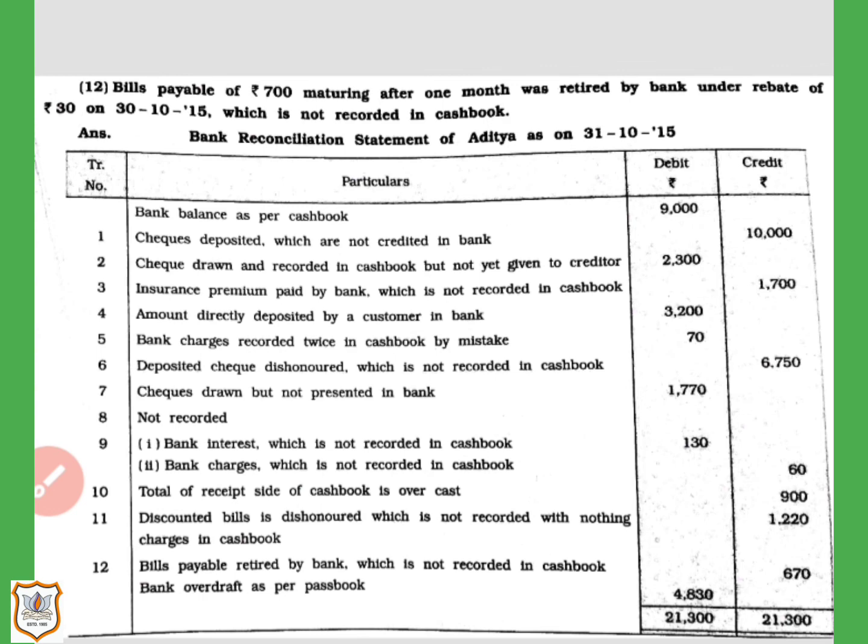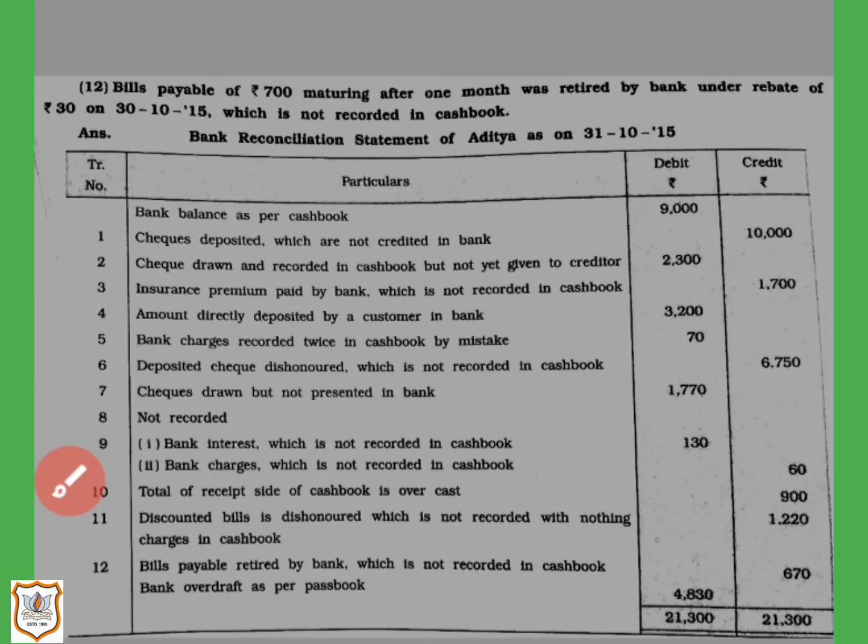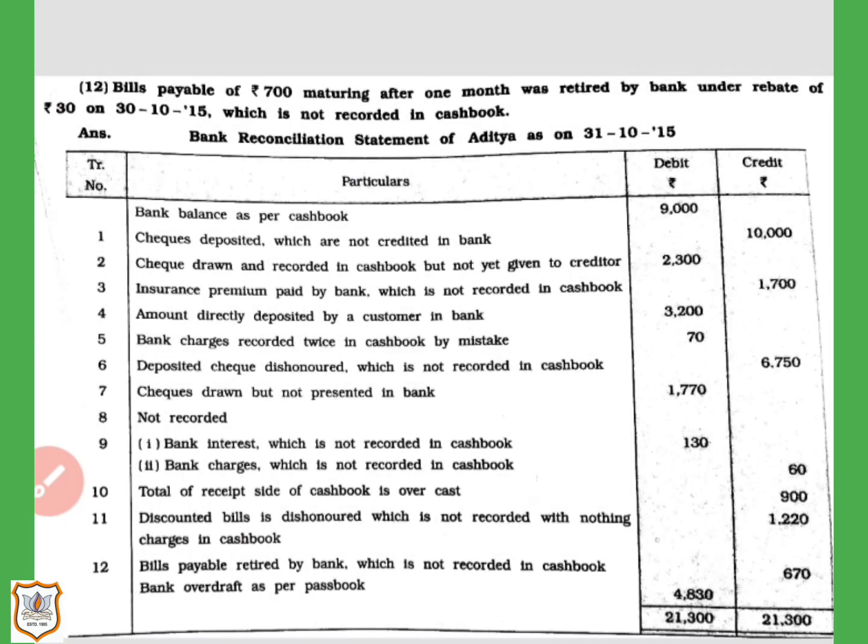Now next information: bills payable of rupees 700 maturing after 1 month was retired by bank under rebate of rupees 30 on 30th October 2015, which is not recorded in cash book. So let us understand this. Here the bank must have debited the trader's account by rupees 670, as a rebate of rupees 30 is given.